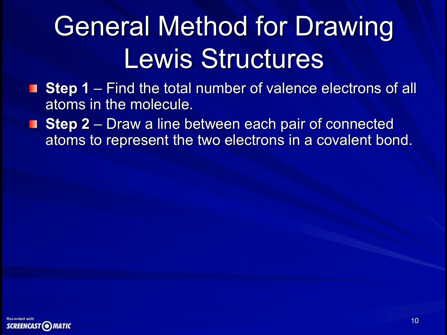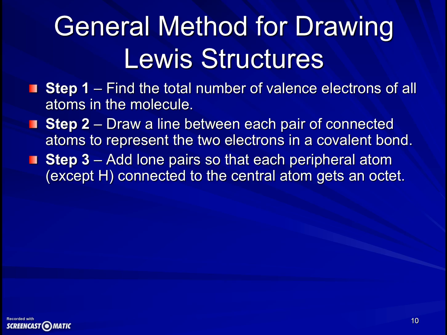So we'll arrange the atoms in the arrangement we think that they're in, and then draw a line between each atom that's connected, and each of those lines will represent 2 of the valence electrons that we're allowed to draw. Then to each outer atom, unless it's a hydrogen, we'll add lone pairs to get them up to their octet.